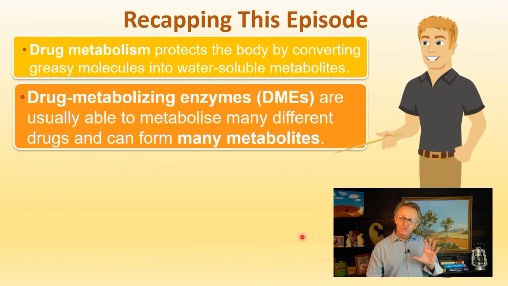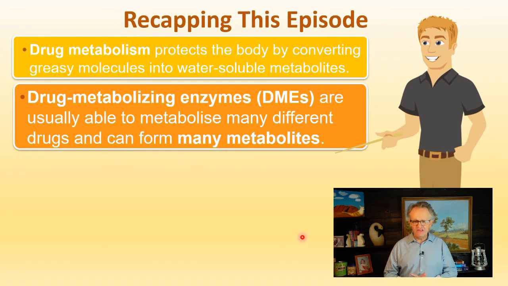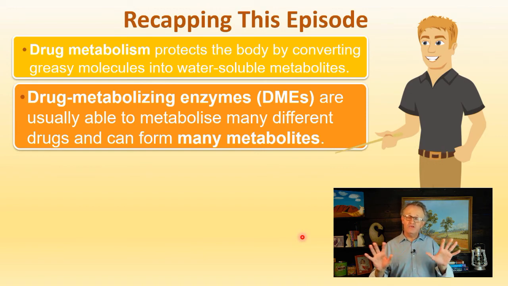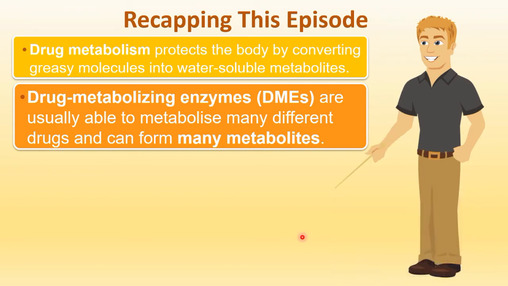Secondly, we've seen that the remarkable catalysts that carry out this chemistry, drug-metabolising enzymes, are usually able to metabolize many different drugs and can form many metabolites. Okay, so this is really quite remarkable that just a small number of enzymes are responsible for protecting us against literally hundreds, if not thousands, of drugs.